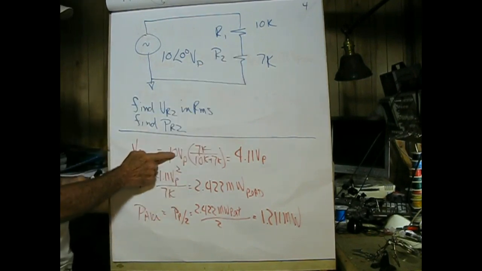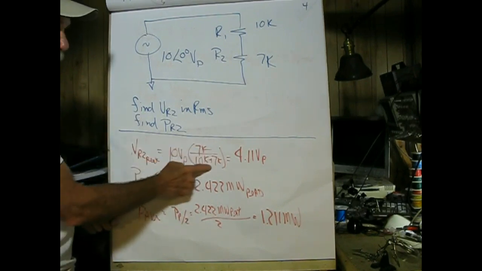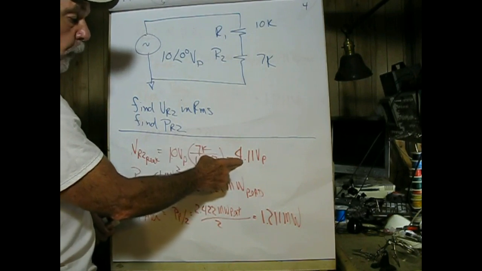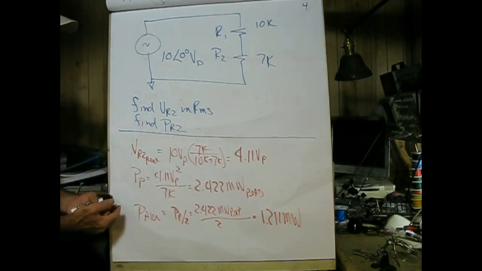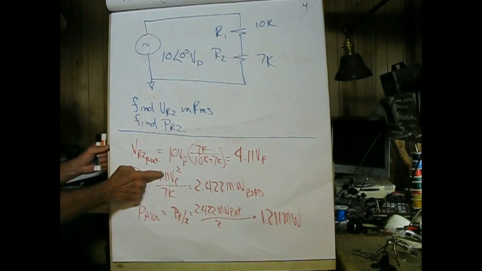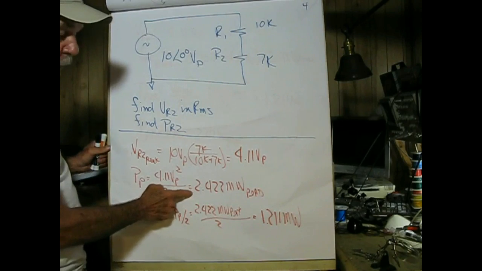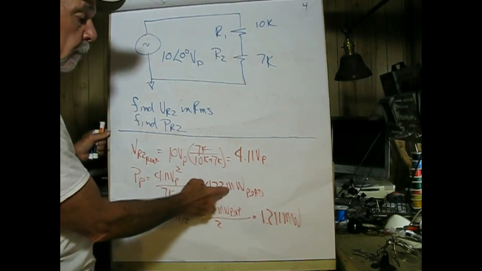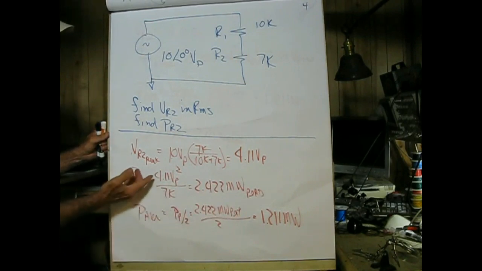We start out with 10 volts peak, same usual stuff, 7K over the total K gives us 4.11 volts peak. So the peak power is simply the peak voltage squared divided by 7K, and that comes out to be 2.422 milliwatts peak. So here I'm using the peak voltage and I got the peak power.